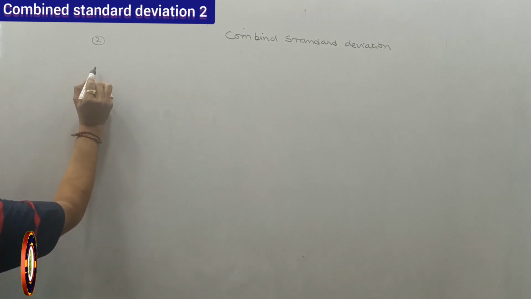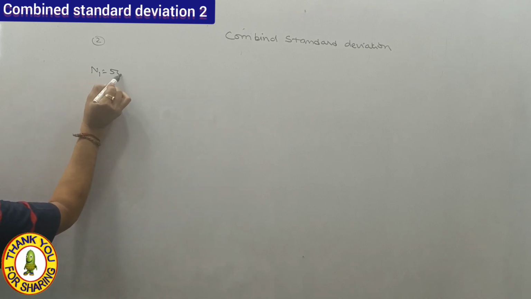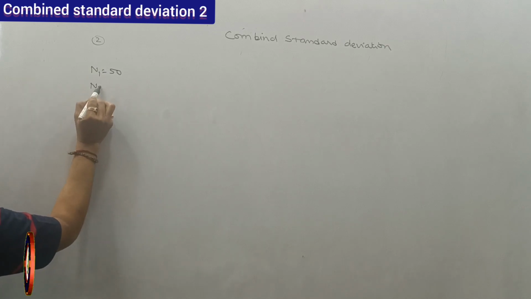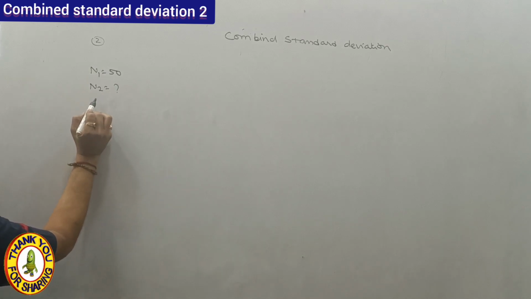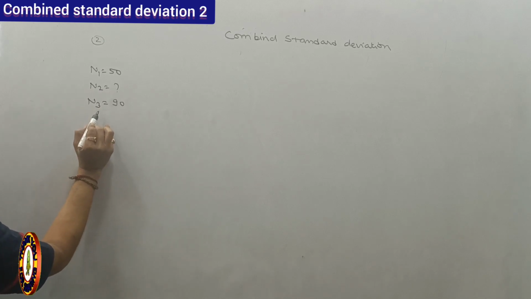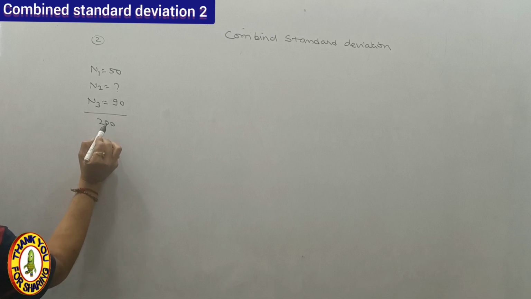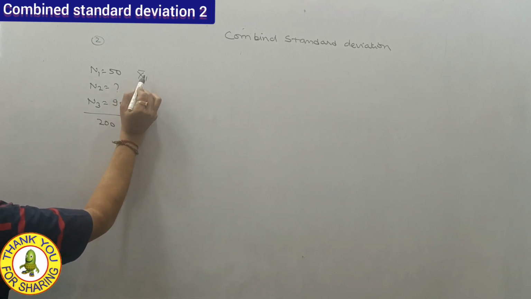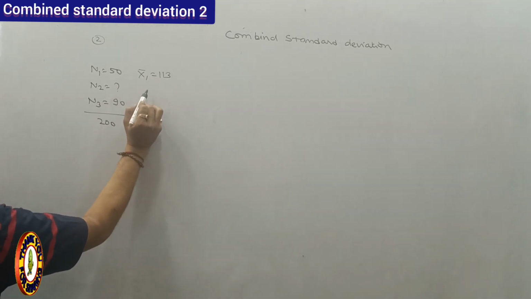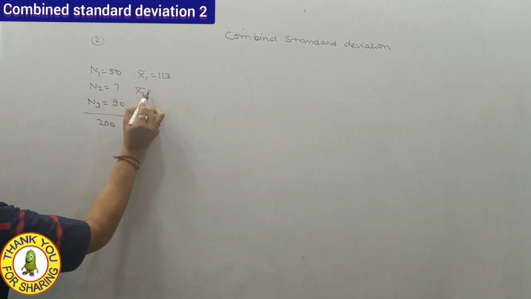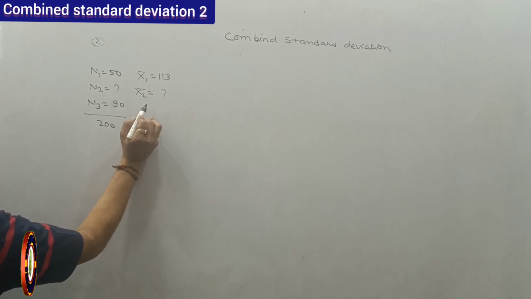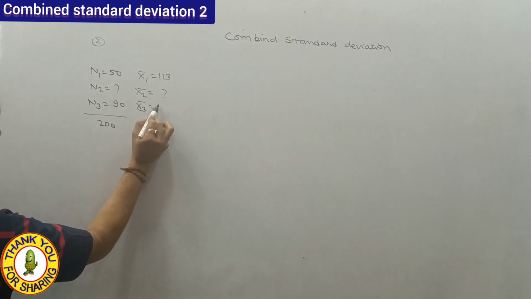Here N1 is given 50, N2 is not given, N3 is given 90, total is given 200, X bar 1 is given 113, X bar 2 not given, X bar 3 given 115.